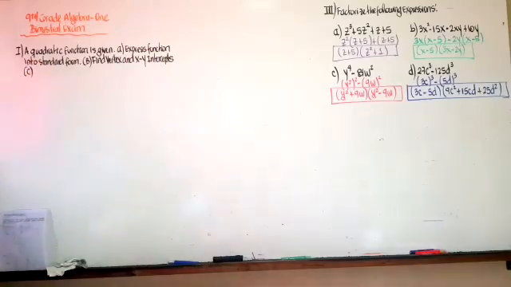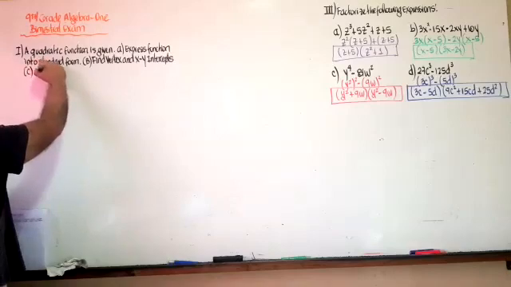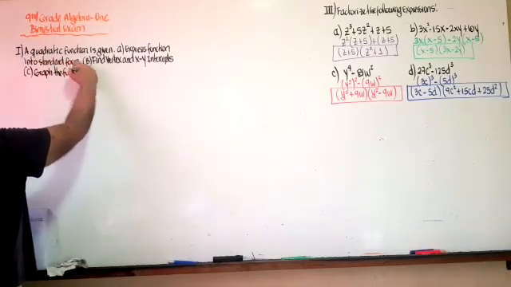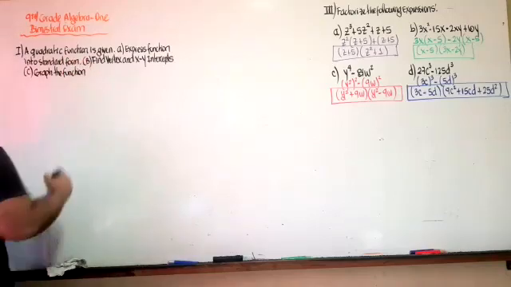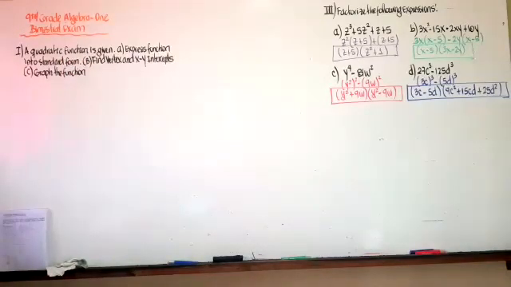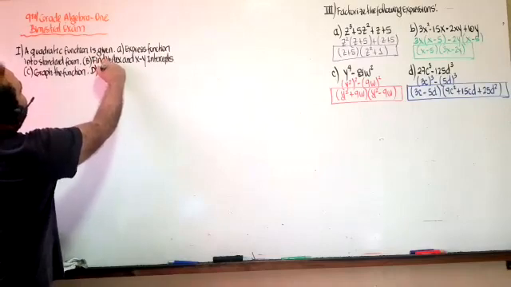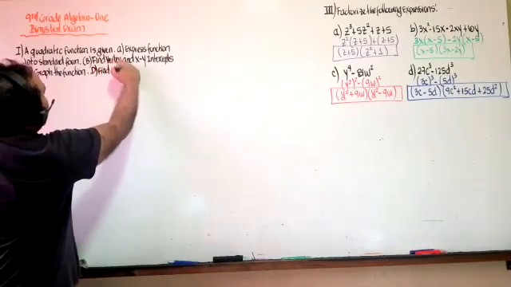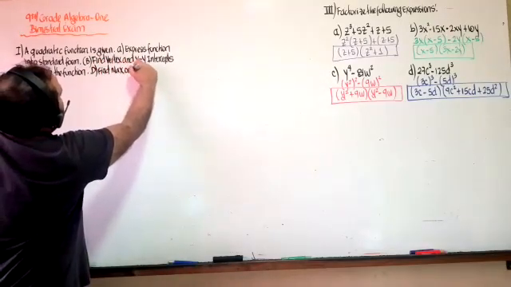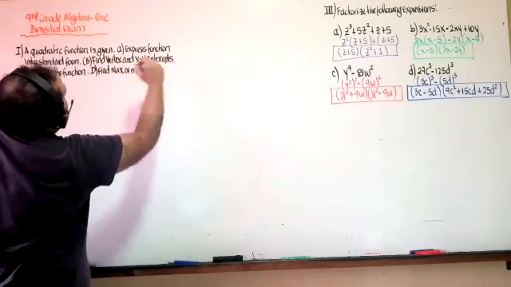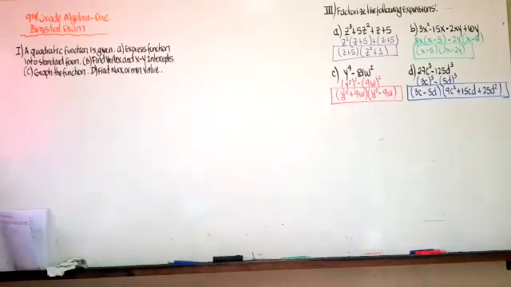Letter C is graph the function. And the letter D, we're supposed to find the maximum or minimum value.